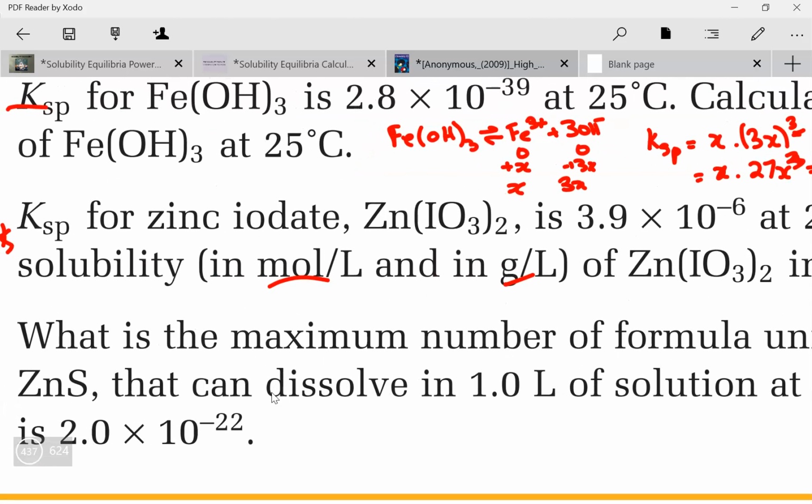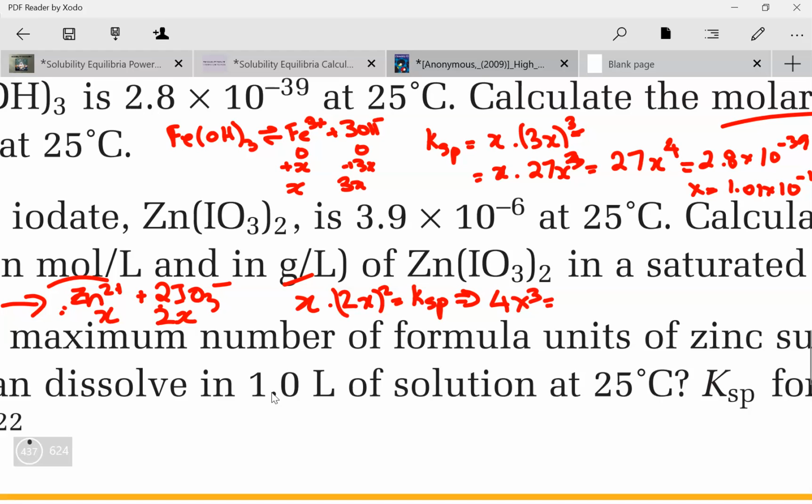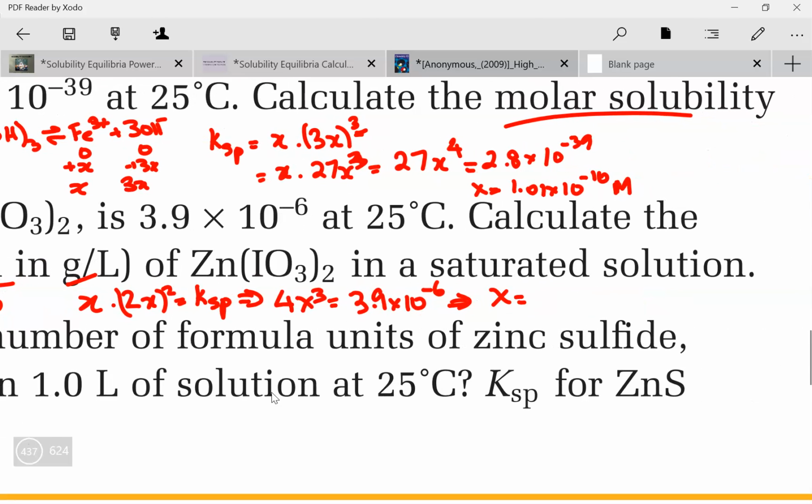Zinc iodate is, again, zinc plus 2 IO3 minus, 0, 0, plus x, plus 2x. x times 2x squared equals KSP, which implies that 4x cubed equals 3.9 times 10 to the power of negative 6, which means that x, my molar solubility, is 3.9 times 10 to the power of negative 6 divided by 4, and the cube root of that answer, which is 9.916 times 10 to the power of negative 3 moles per liter.